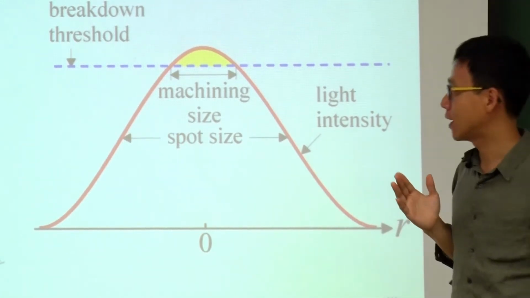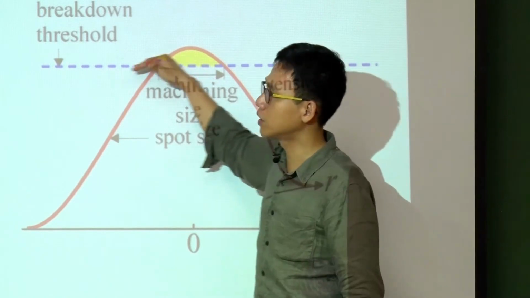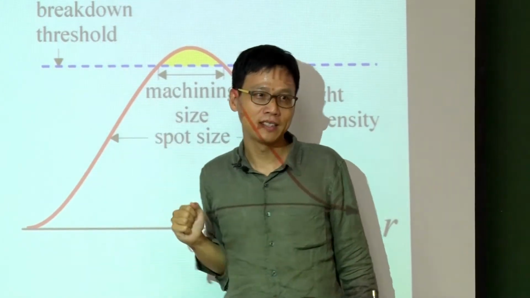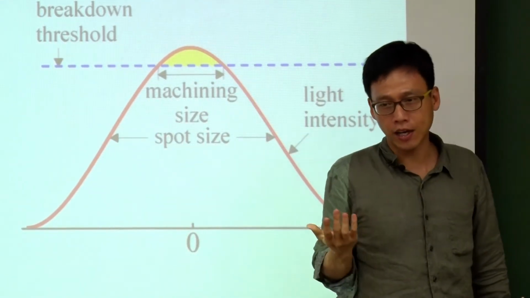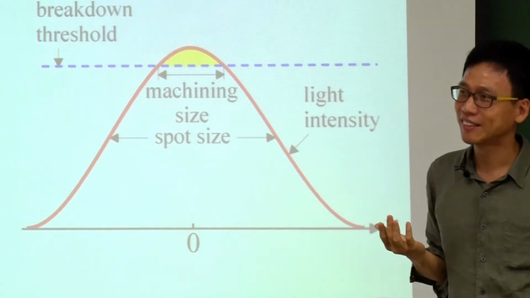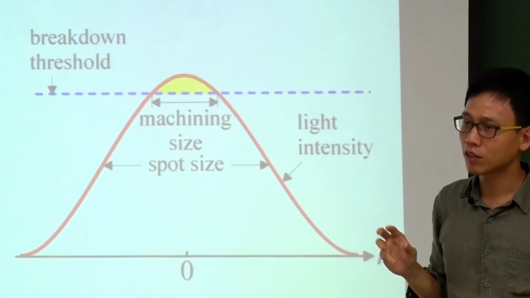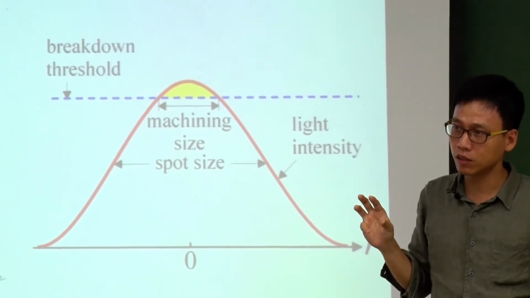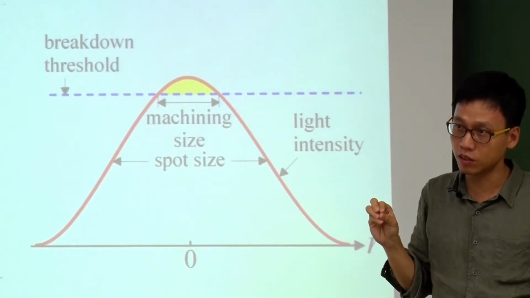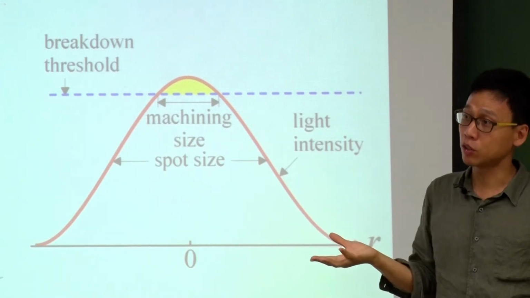Traditional laser machining has no clear hard limit threshold because it relies on heat. 传统的雷射加工没有这个 threshold，它是靠把雷射光的能量吸收变成热，evaporate the material.